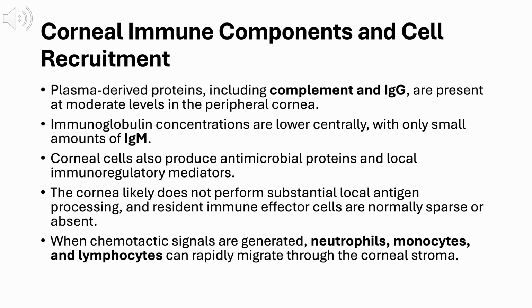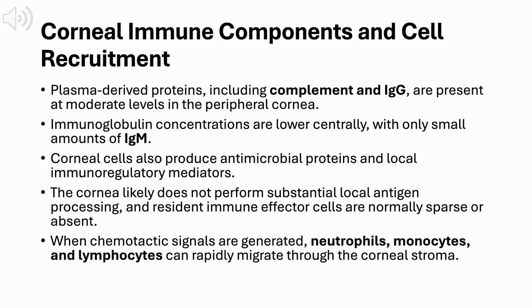The corneal cells themselves aren't passive. They produce antimicrobial proteins and local immunoregulatory mediators that contribute to defense. Importantly, the cornea likely does not perform substantial local antigen processing, and resident effector cells are normally sparse or absent, consistent with its privileged, quiet baseline.